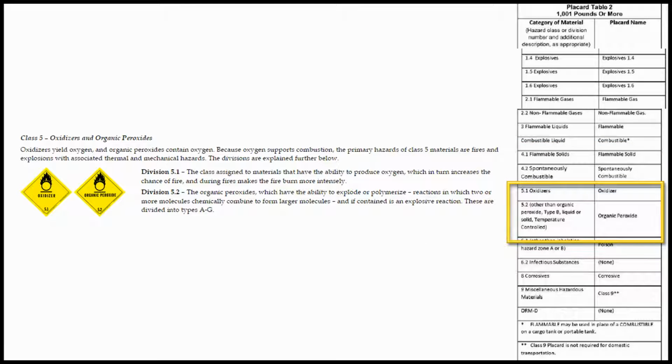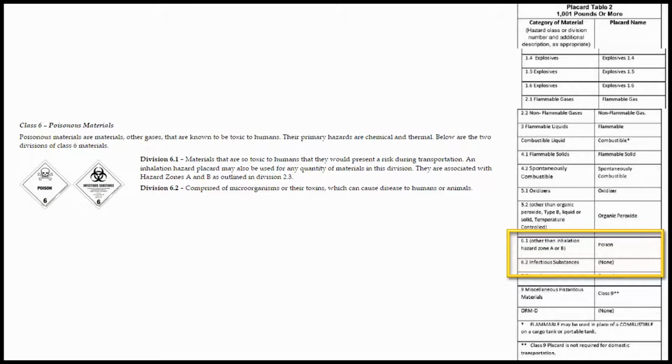Category 5.1 oxidizers, placard name oxidizer. Category 5.2 other than organic peroxide, type B, liquid or solid, temperature controlled, placard name organic peroxide. Category 6.1 other than inhalation hazard, zone A or B, placard poison.